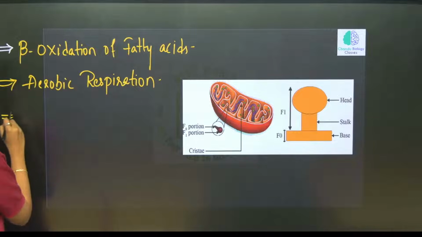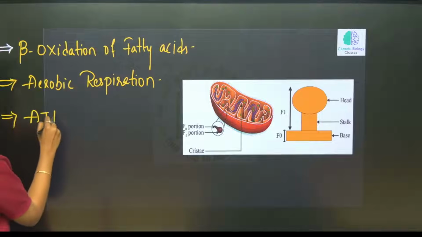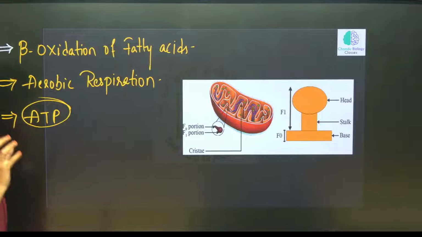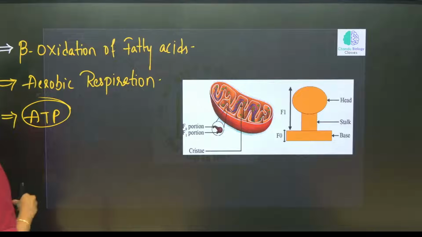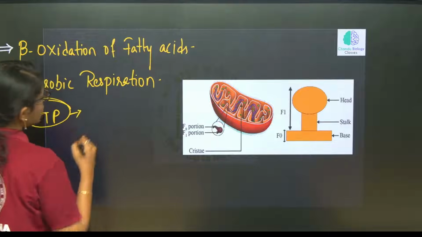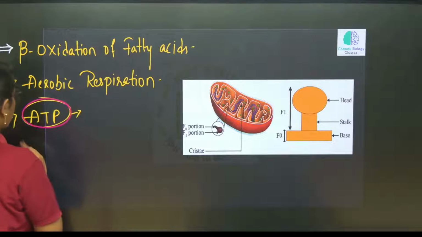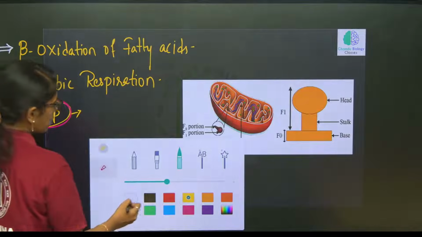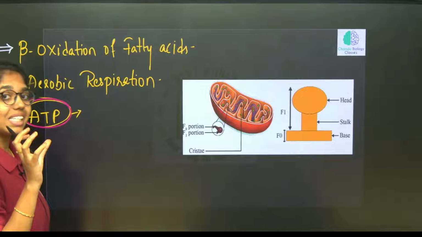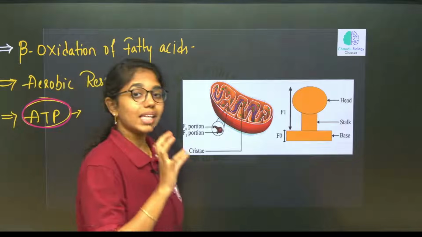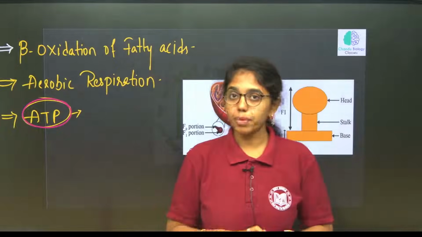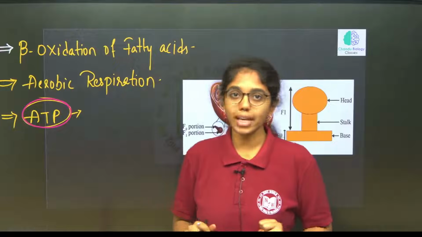and it is involved in the synthesis of ATP mainly, and stores ATP. That is why mitochondria is called the energy currency of the cell, as it is storing the cellular energy, that is ATP. ATP is called cellular energy because it is the simplest form of energy, where the cell can directly utilize ATP to conduct all its metabolic activities.